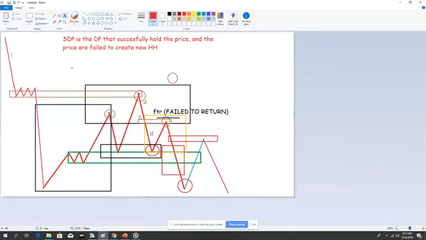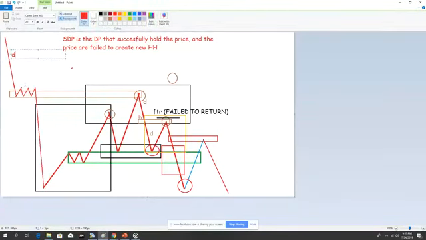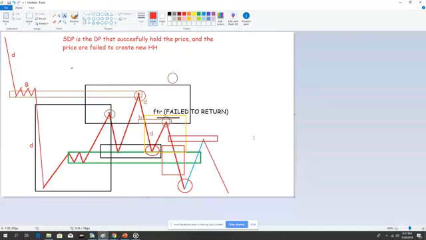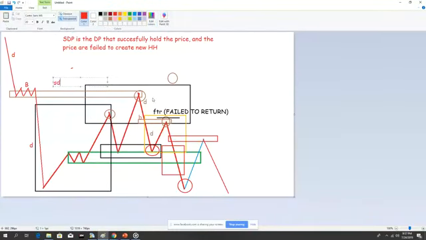Okay, this is drop, this is base, this is drop. Drop, base, drop, and the price goes up, and this price has been held by a base or a decision point to its left. So this is also what we call SDP.